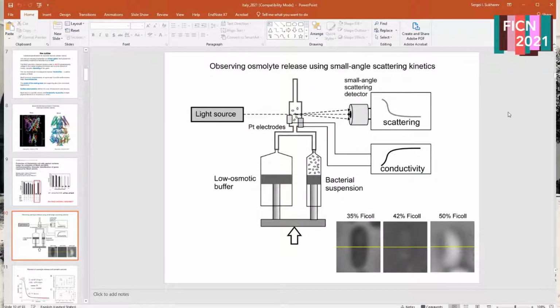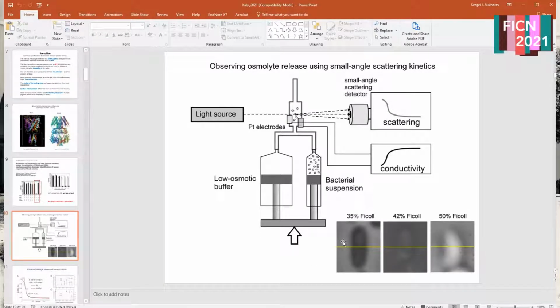So what we do to study the kinetics are stopped-flow experiments that are equipped with a light scattering detector. The kinetics of light scattering reflects precisely the internal content of bacteria. Basically, the amplitude of small angle light scattering is proportional to the difference of refractive indices inside versus outside the cell.